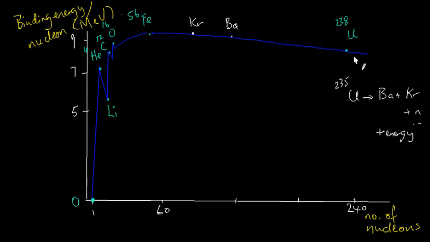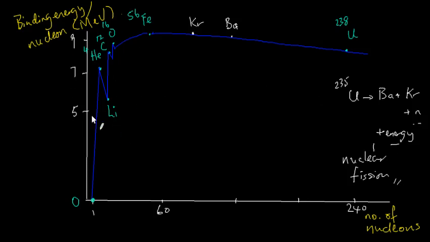So if a nuclide somehow changes, in this case by breaking up into lighter nuclei, it is possible, from what we see in this graph, for energy to be given out. And that's how we can have so much energy in what is called nuclear fission, which is used in the atomic bomb and in nuclear reactors.